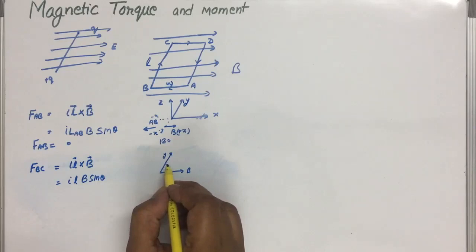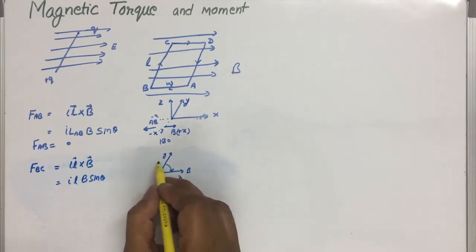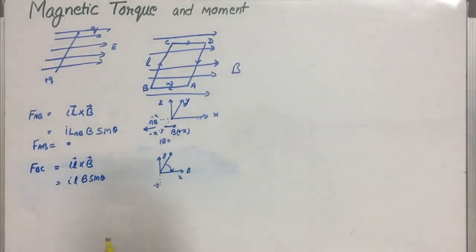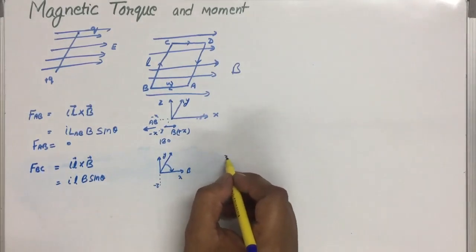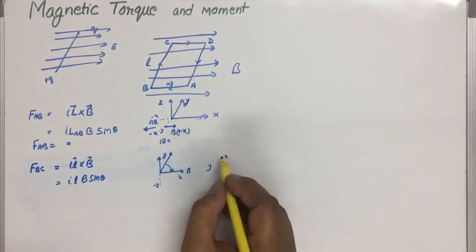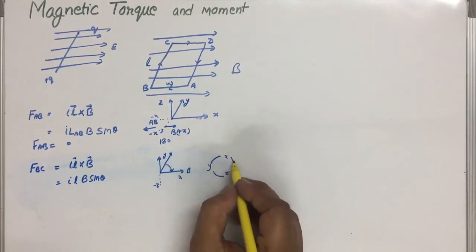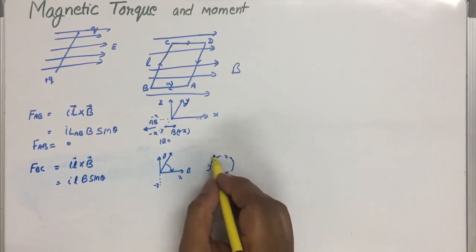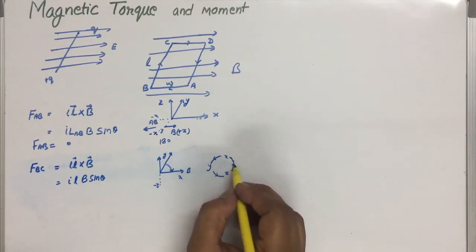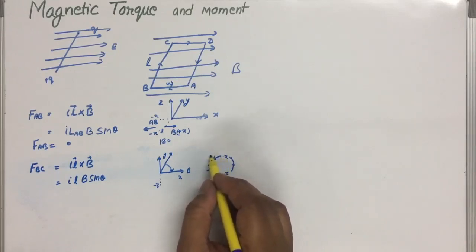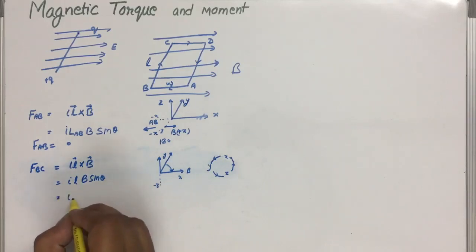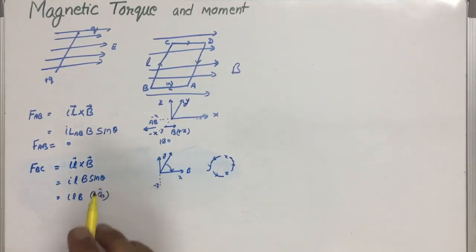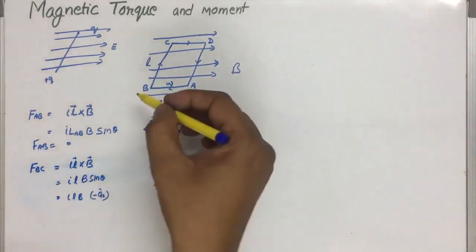The cross product of y and x will give us the negative z direction, because we know that this is x, this is y, this is z. The cross product of x and y gives us z, and the cross product of y and x will give minus z. So the output will be ILB in the direction of minus AZ. This is the force acting on this part.